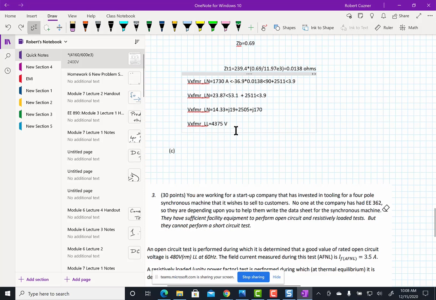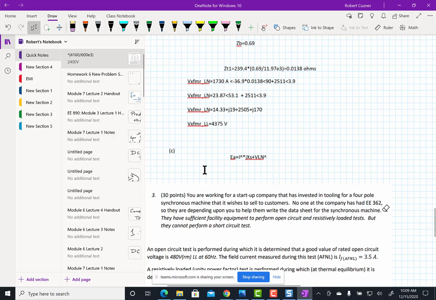So EA is going to be equal, since it's a generator, to the current that's coming out, the I, that's a phasor, times JXS, the synchronous reactance, plus the V line to neutral at the terminals of the generator.